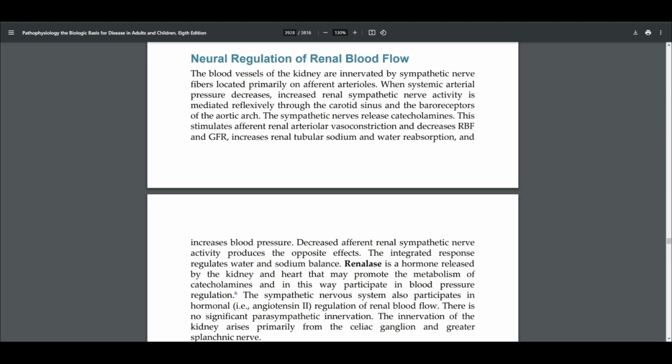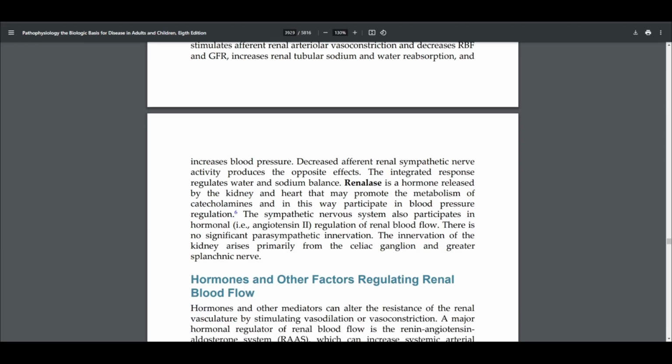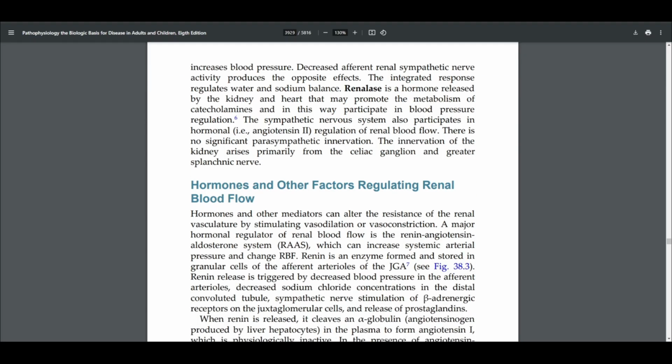This stimulates afferent renal arteriolar vasoconstriction and decreases RBF and GFR, increases renal tubular sodium and water reabsorption, and finally increases the blood pressure. Decreased renal sympathetic nerve activity produces the opposite effects. The integrated response regulates water and sodium balance.